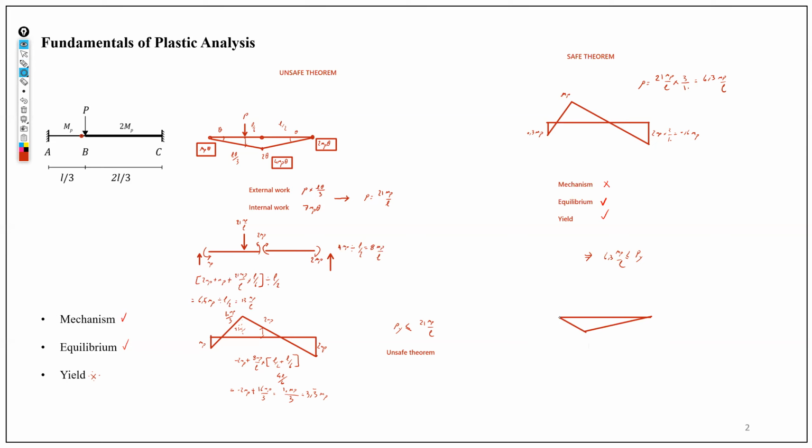This is our compatibility equation. We have one plastic hinge here, here, and here. Then if the rotation here is theta, the rotation here will be 2 theta, and this displacement here will be 2L theta over 3.